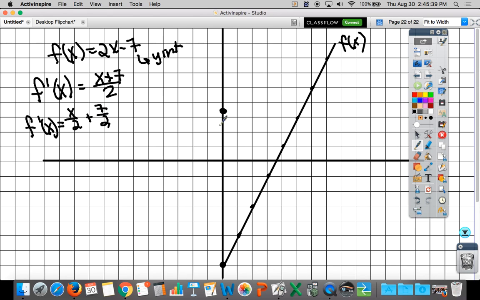Now the slope is up 1 over 2. Down 1 over 2. Up 1 over 2. Down 1 over 2.